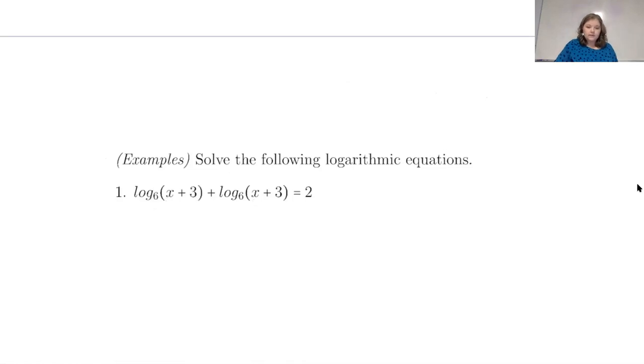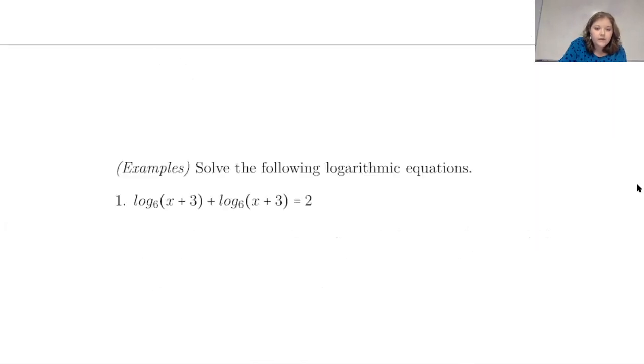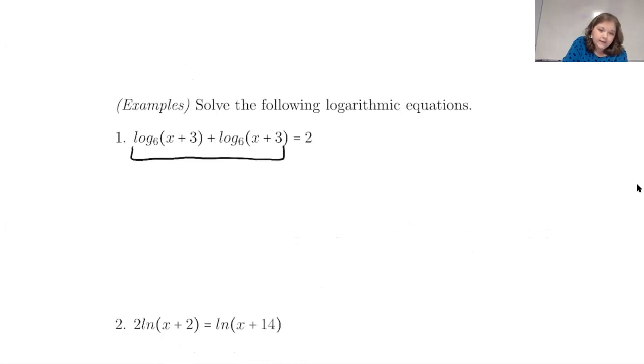All right, so we can go ahead and just jump right into it. We first want to get it into one of the two forms that I said right here. So log equals log, or log equals a number or some value. So we can rewrite this side of the equation by using the expanding and contracting properties to rewrite this as a single logarithm.